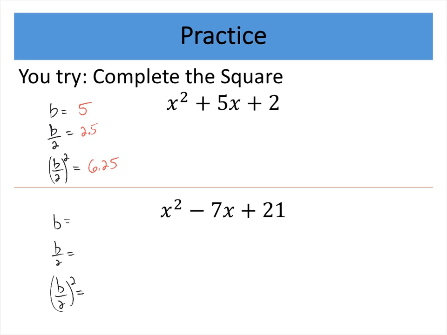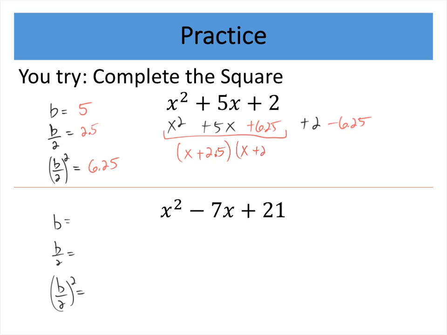So we got x squared plus 5x. I'm going to do that in a different color, sorry. X squared plus 5x plus 2. Remember, we're going to add the 6.25. We're going to subtract the 6.25. If you were to factor it, here's a hint. X plus 2.5.